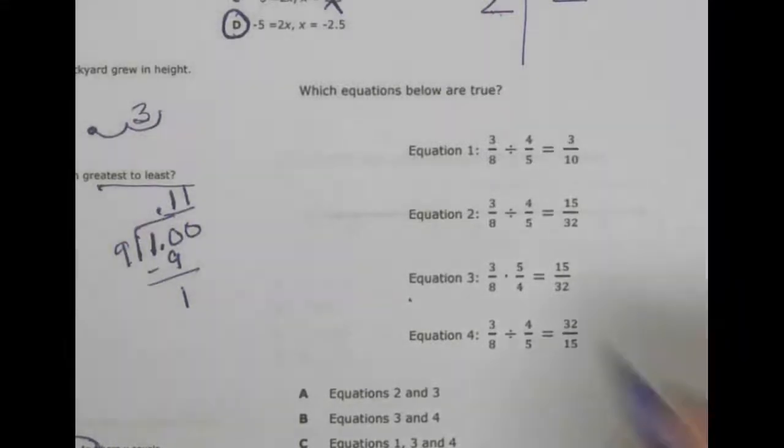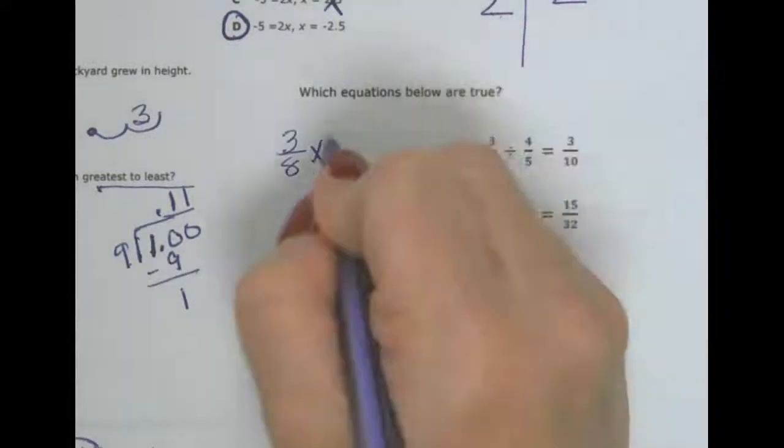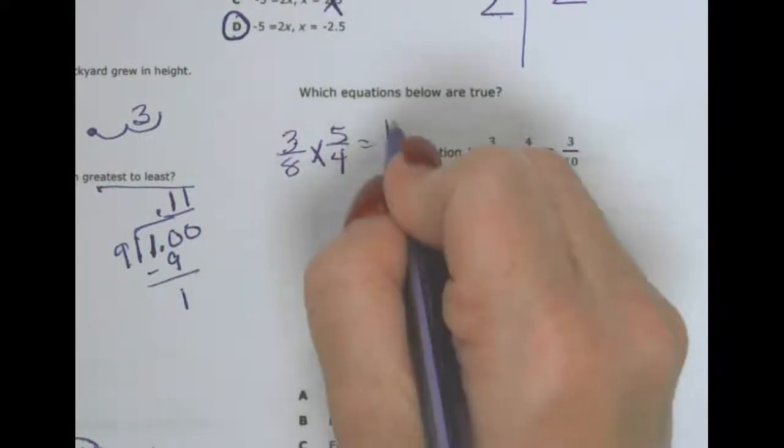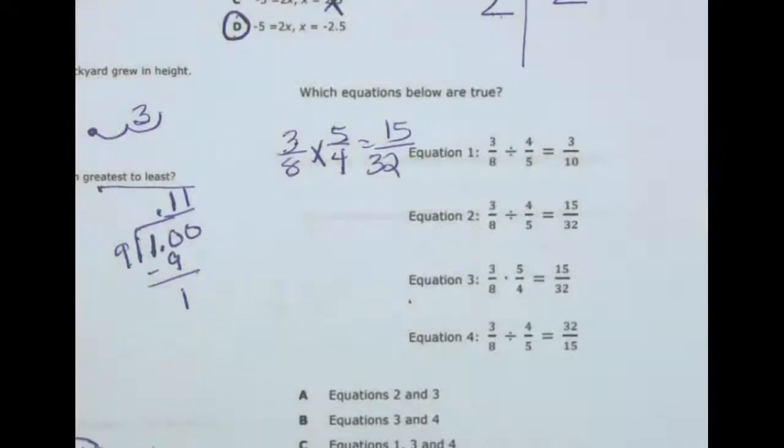Remember, when you're dividing, you multiply the inverse, or the reciprocal. So this would be 3/8 times 5/4. 3 times 5 is 15. 8 times 4 is 32.